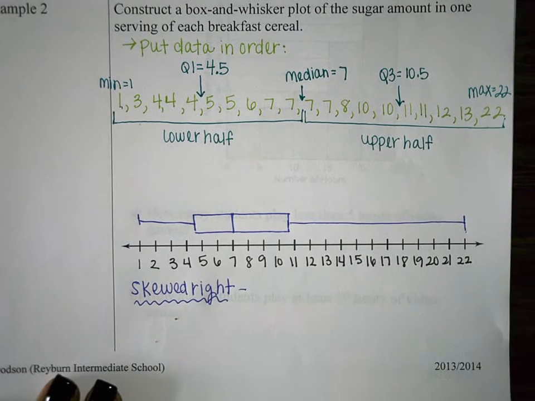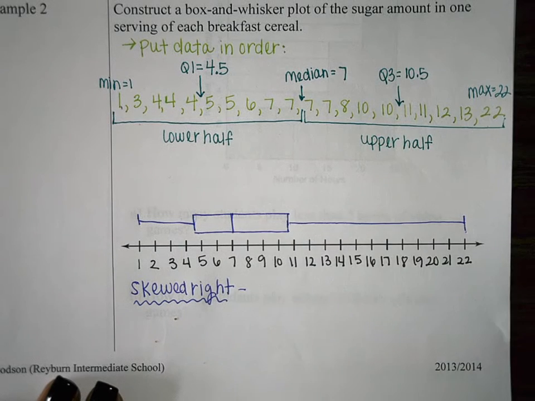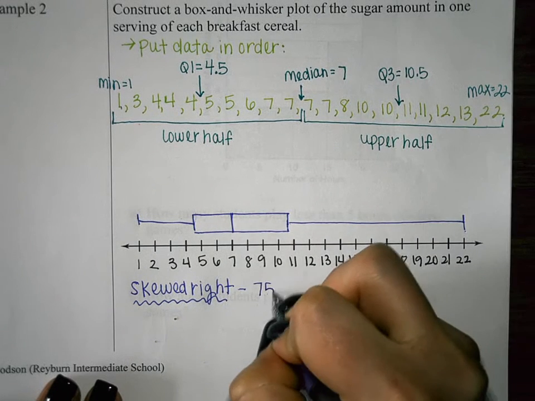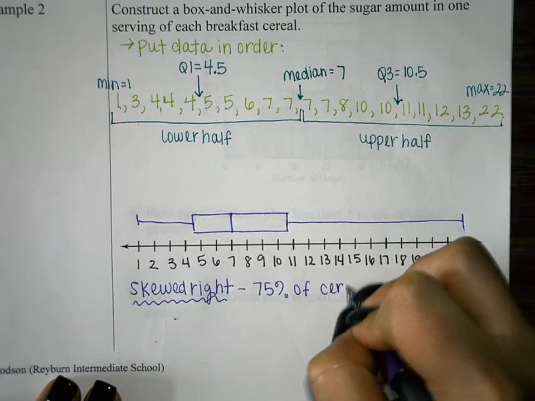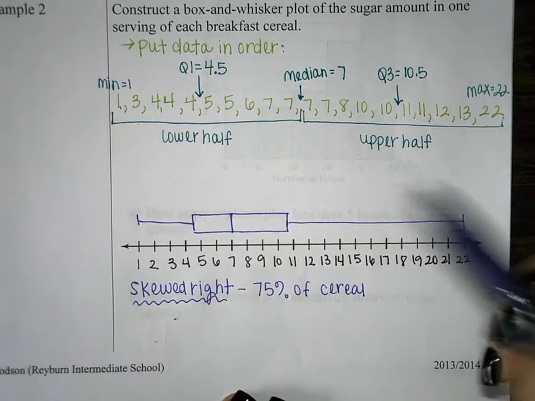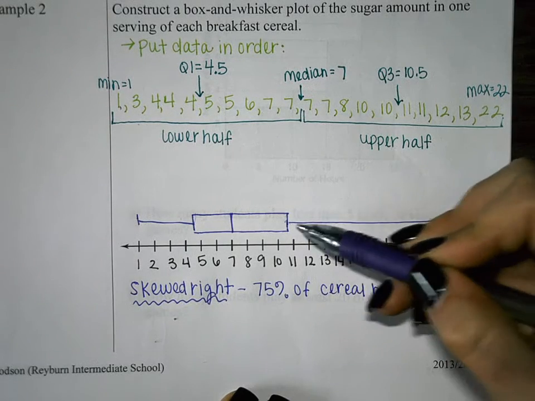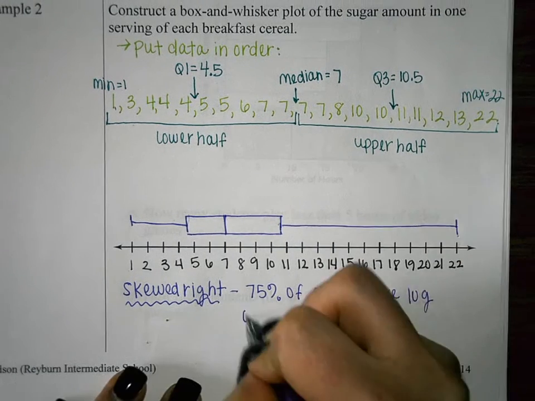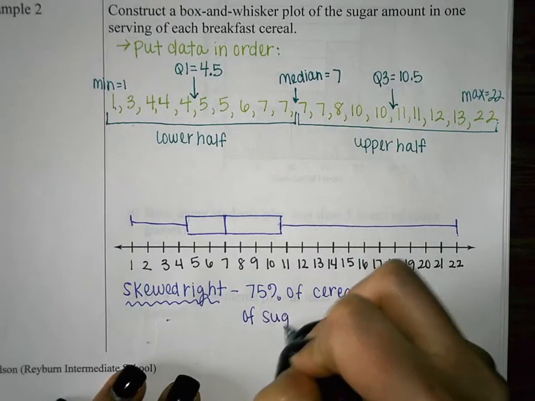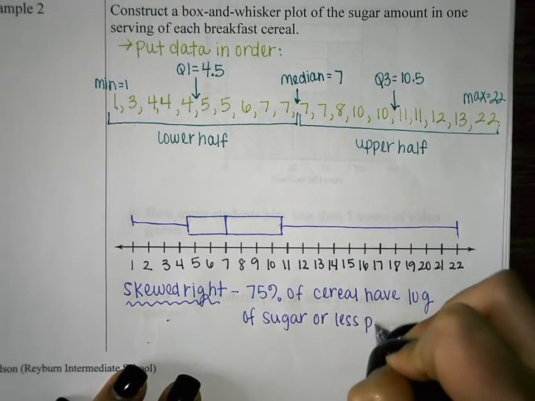And if it's skewed right, that means that 25, 50, 75% of our data have, this is at 10.5, so we can say have 10 grams of sugar or less per serving.